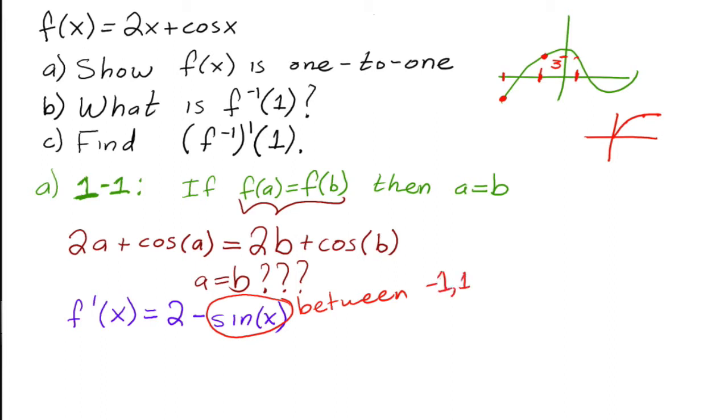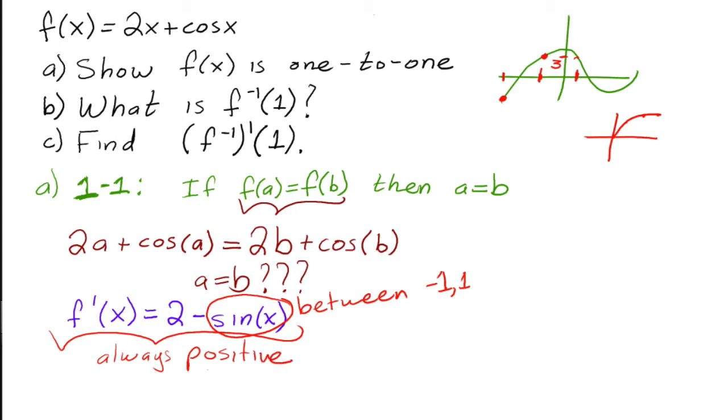Well, what does that mean? That means that 2 minus that number, the derivative, is always positive.